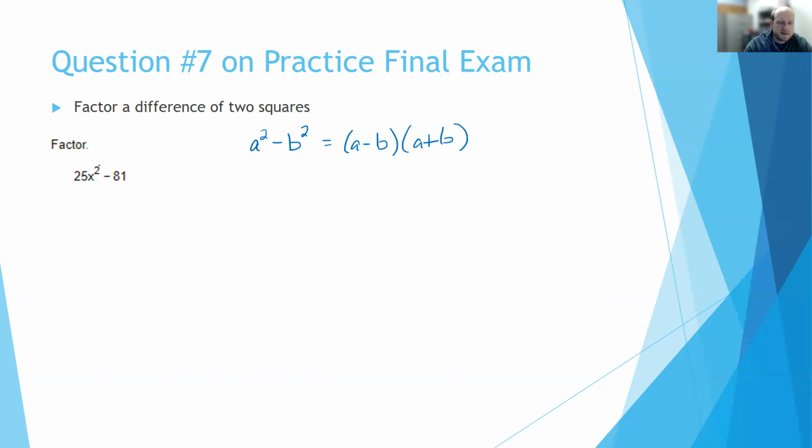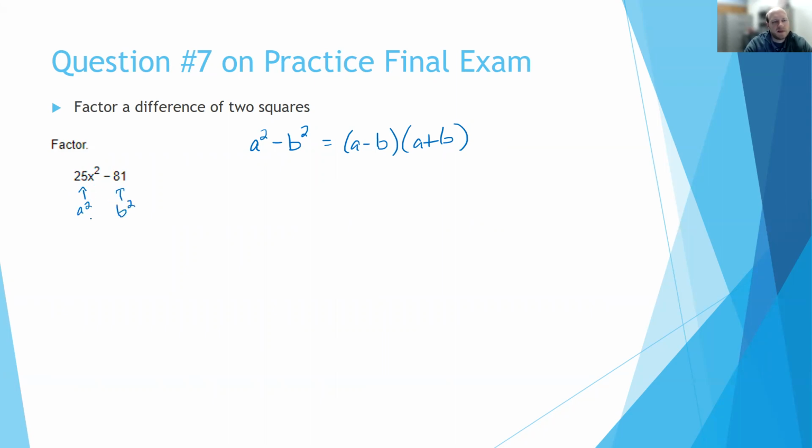The first thing you have to do here is, if you get this expression with two different terms in it, and they're both perfect square terms, then we know that it's a difference of squares. And so basically what I'm asking myself is, if this whole thing is your a squared value, and this 81 is b squared.